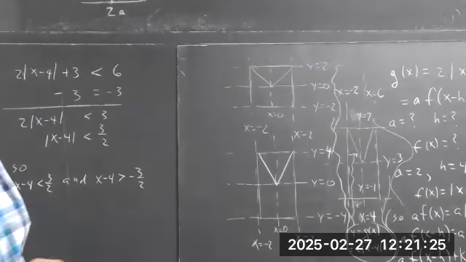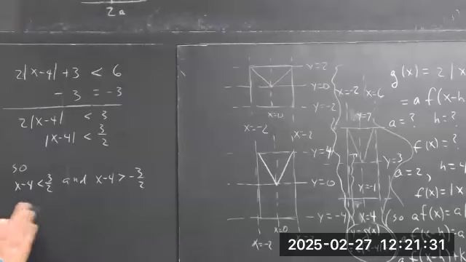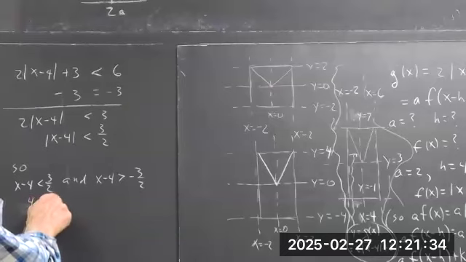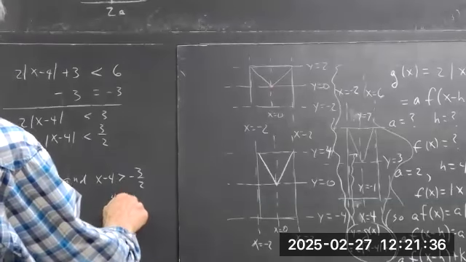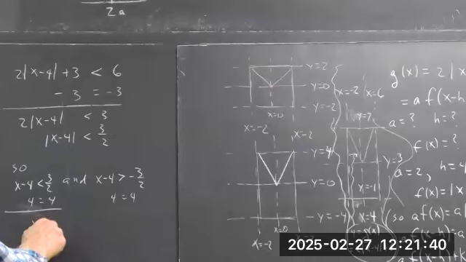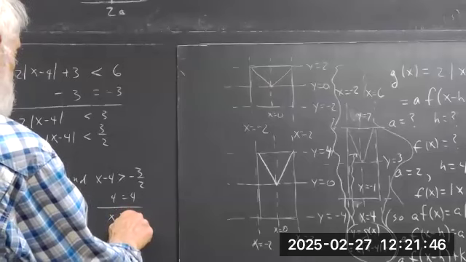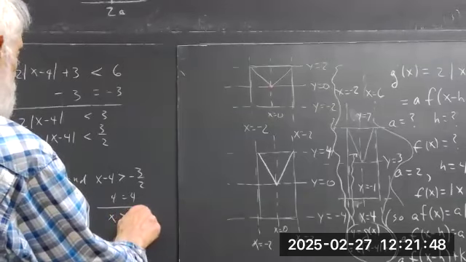So we add 4 to each side. Here we get x less than 11 halves. And here we get x greater than 5 halves.